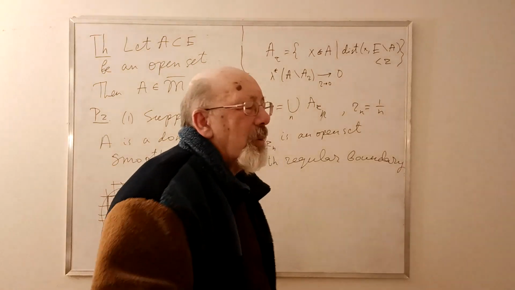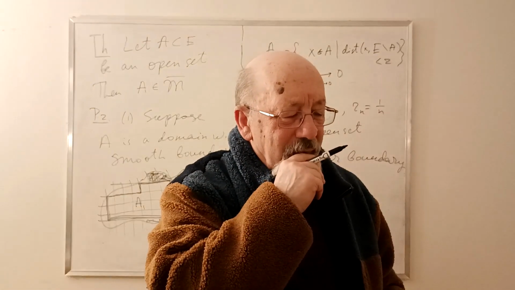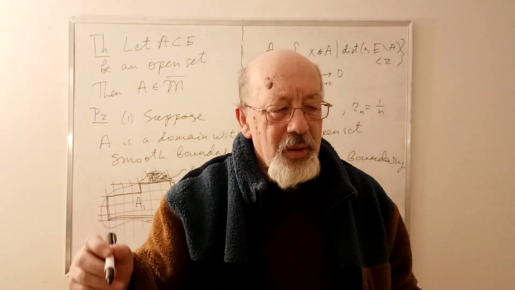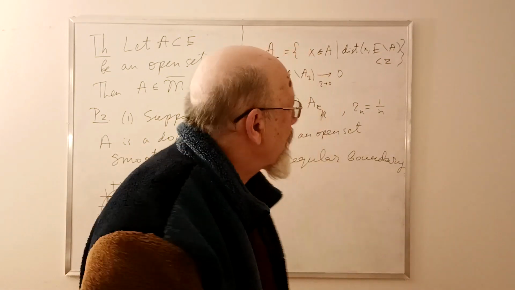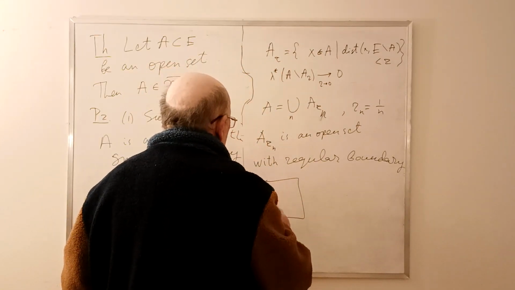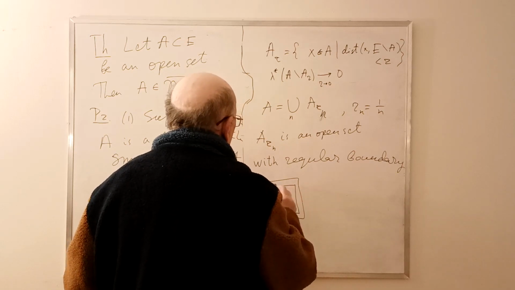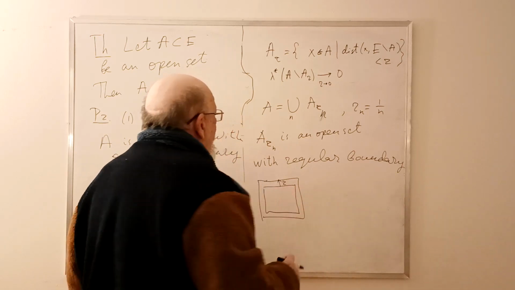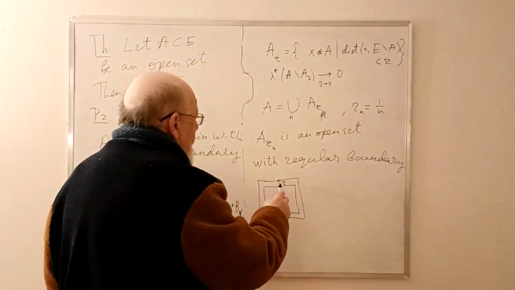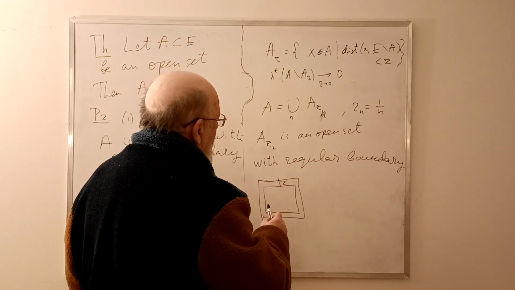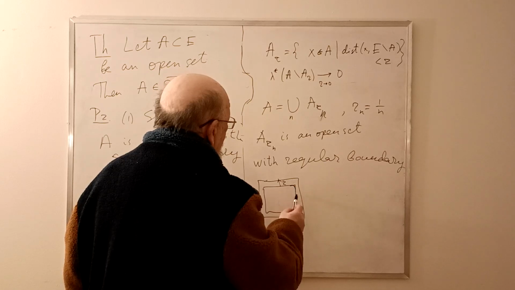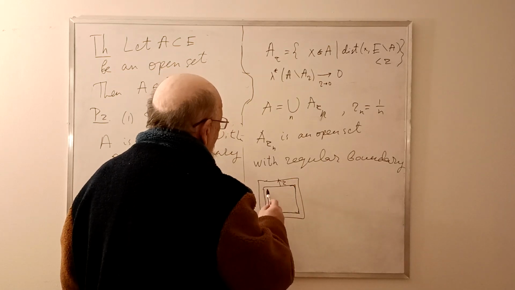What does regular boundary mean? It means that this boundary is, say, in the square, just a smaller square. This is R. We first take this R, and then we smooth it a little bit, like this.